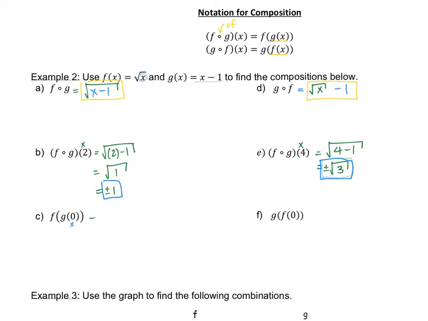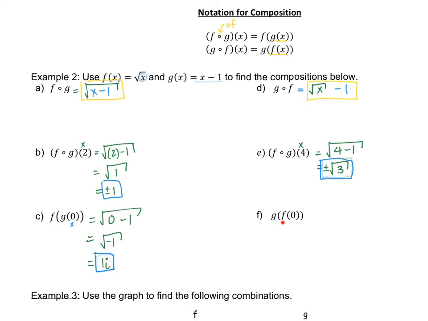That would look like the square root of 0 minus 1, and you work it out. 0 minus 1 is negative 1, and this would give you an imaginary number, because in this case, the square root of 1 is 1, but you would have an i since there's a negative number here. So I will just put the imaginary symbol, which is the i. That would be my final answer. I'm not going to give out problems like this one since it's a little bit wonky to see imaginary numbers, but I thought I'd show you that just as a refresher.